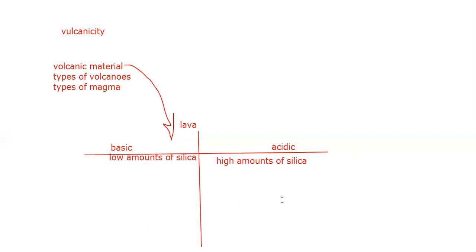Because basic lava contains low amounts of silica, it would tend to be more fluid, so it's highly fluid. Because acidic lava contains a large amount of silica, it would be highly viscous. Viscous is the term we use in geography when we are saying thick.